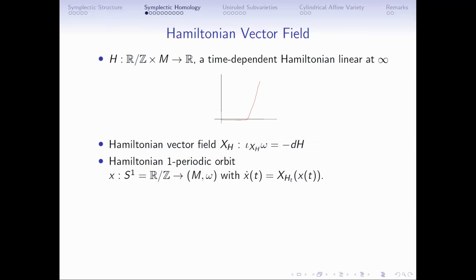So we have a non-compact symplectic manifold. It's a completion of a compact domain with a Liouville vector field, and we consider one more vector field, the Hamiltonian vector field, which is defined by a Hamiltonian function.